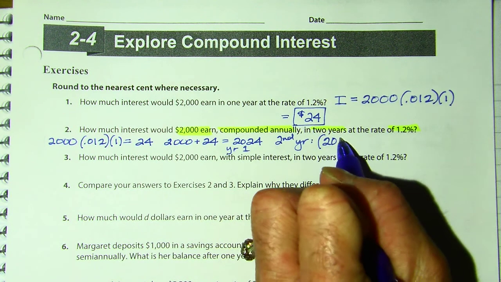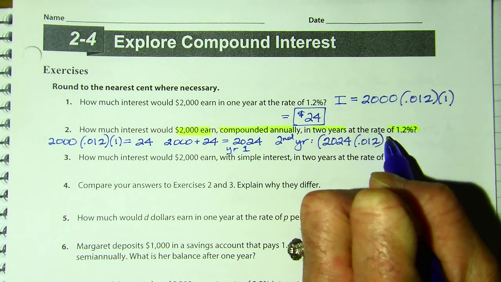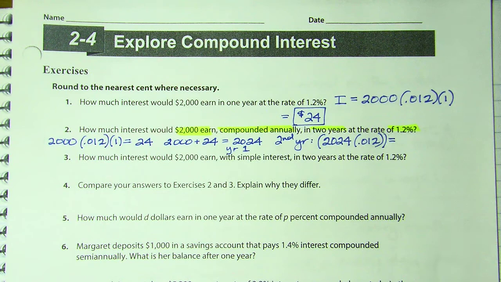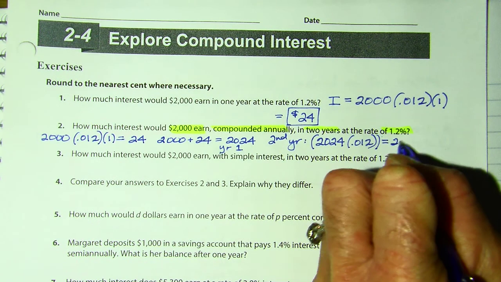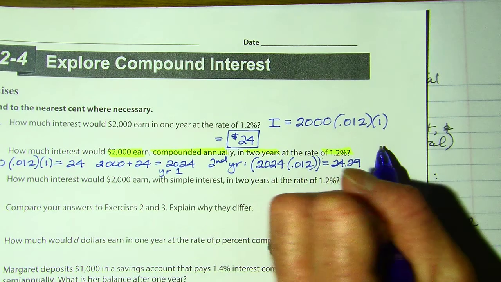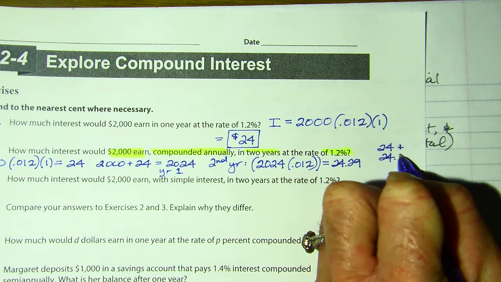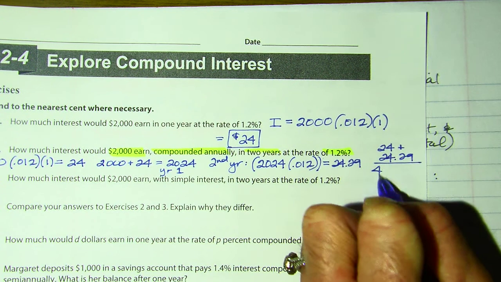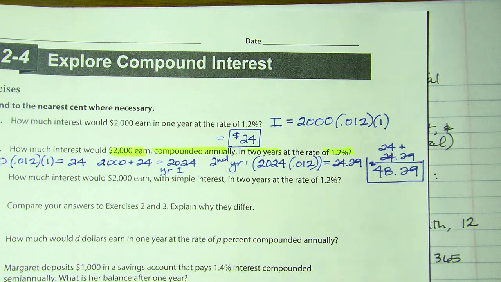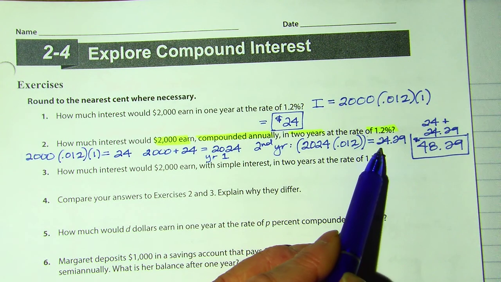So the second year, I have $2,024 times my rate, and that gives me $24.29. So total interest would be 24 plus 24.29, and that would give me $48.29. So that's the interest earned in the first year plus the interest earned in the second year.